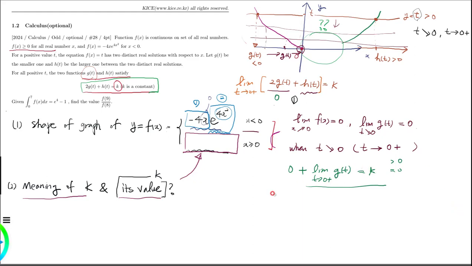When the value of k is 0, the graph of y equals f of x goes to the origin, and then it bounces up right away.